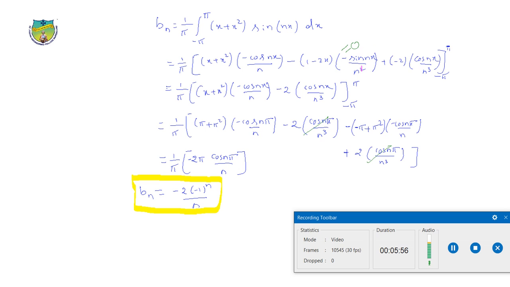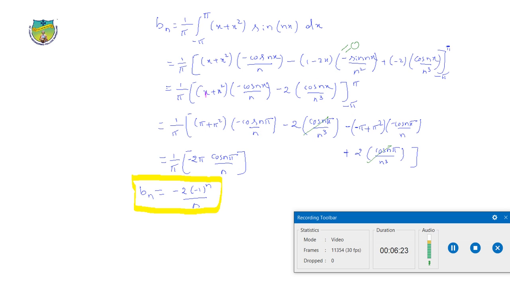We observe that for the sine terms, the upper limit sin n pi is 0 and the lower limit sin minus n pi is 0, and hence we end up with the first and the last terms. So those are here, and then substitute the upper limit. When you substitute the upper limit, we get pi plus pi square times minus cos n pi by n, then minus 2 cos n pi by n cube. This is the upper limit.